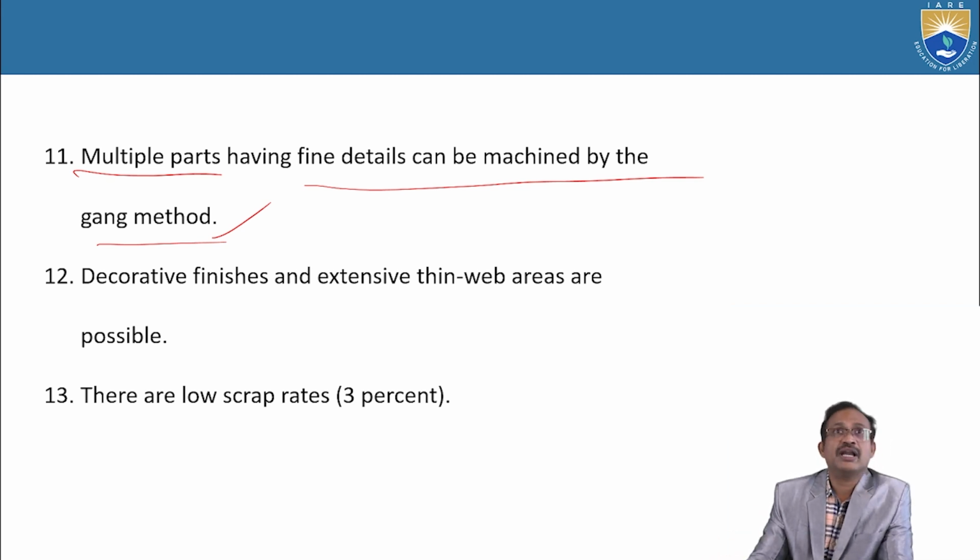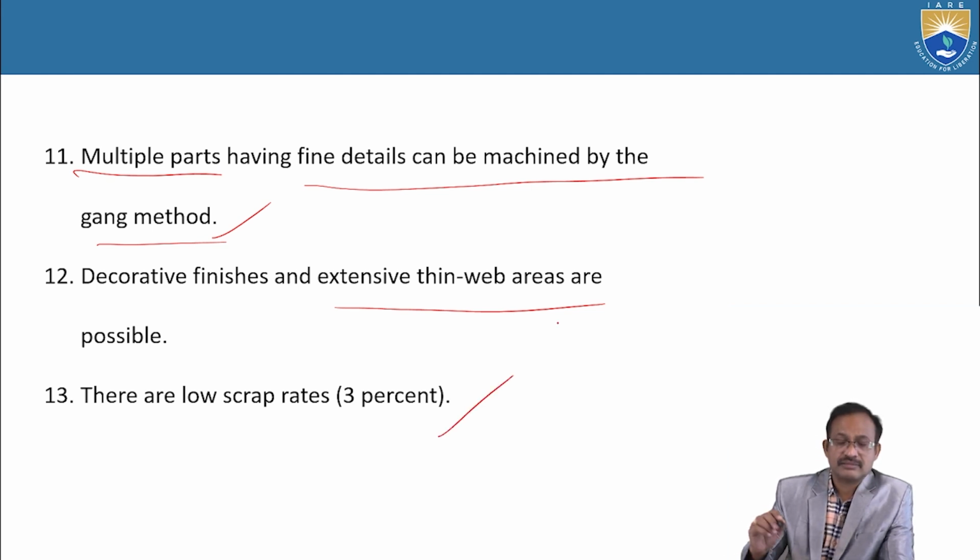Next, decorative finishes and extensive thin web areas are possible. Usually for decorative or fancy purposes, we cannot get a good finish with conventional machines. Here it is very easy to maintain, and it is also applicable for thin web areas. Next, there are low scrap rates, about 3%.